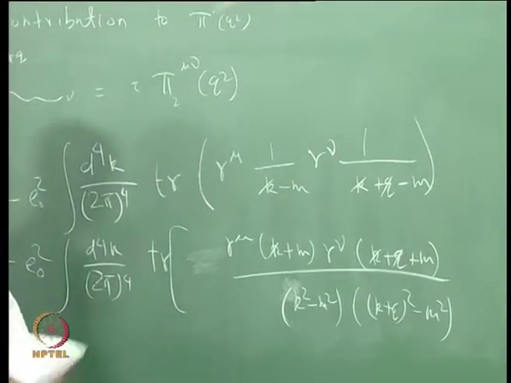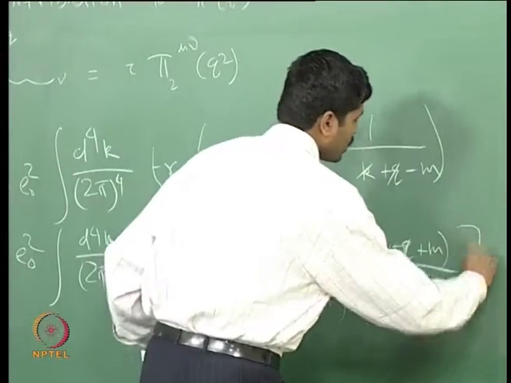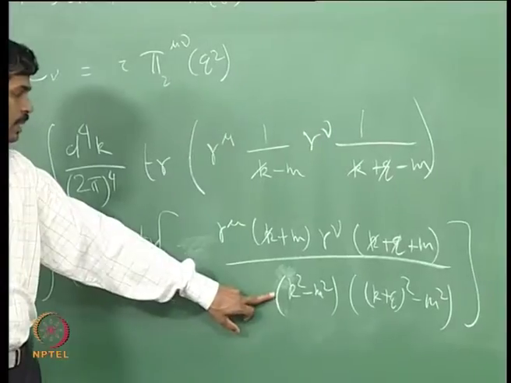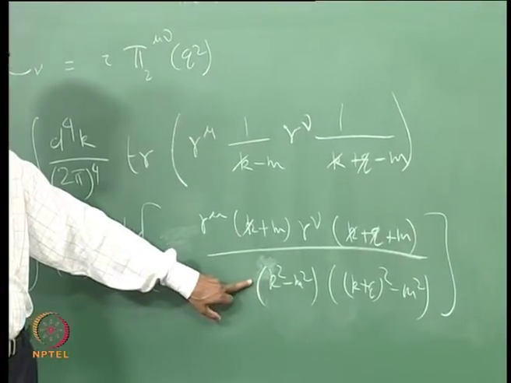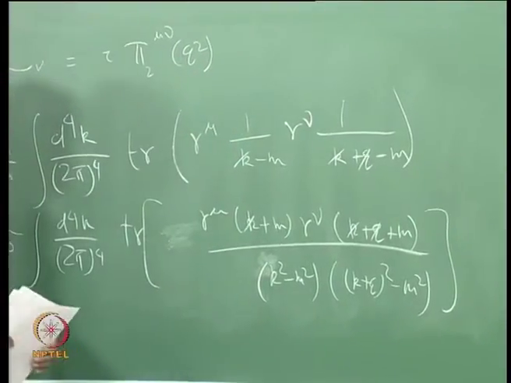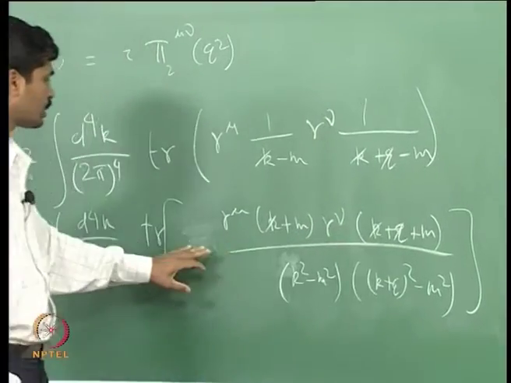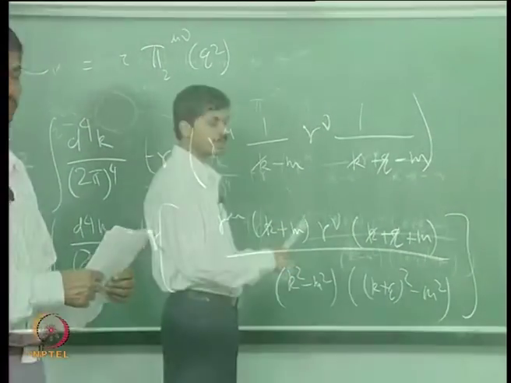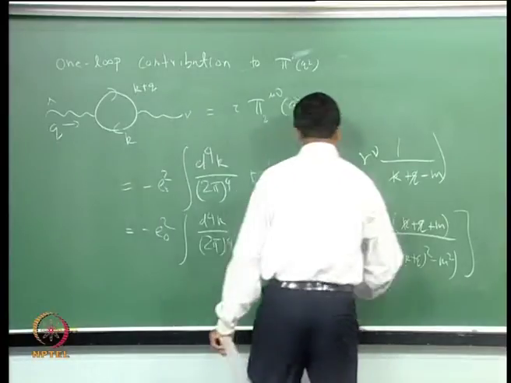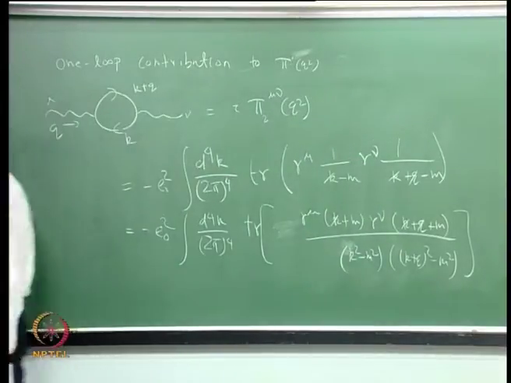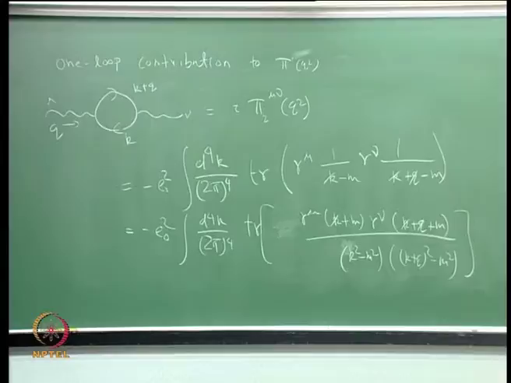This denominator, as usual, we will rewrite using the Feynman parameterization as an integral over x, and the numerator is just a trace involving 4 gamma matrices. So, it is very straightforward, we can work it out explicitly.